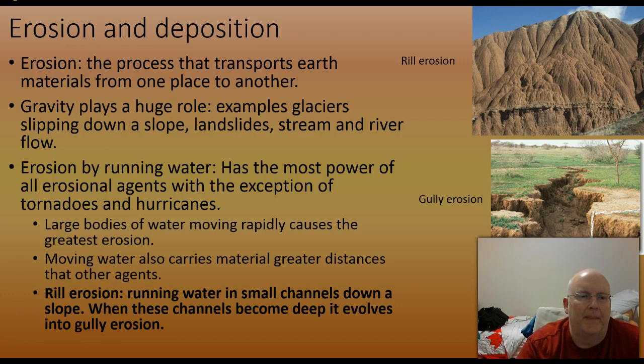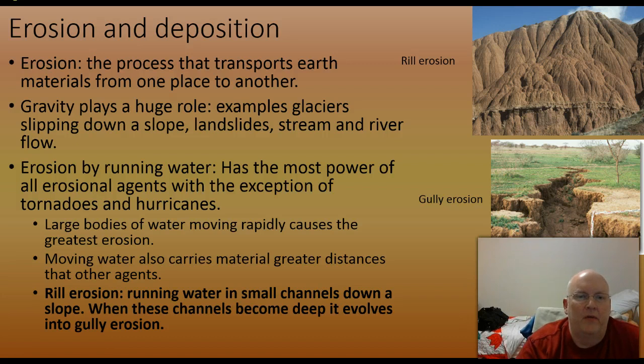Two things I want to point out. Two words: rill erosion, R-I-L-L, and gully erosion. We see a lot of rill erosion in eastern Kentucky, especially after hard rains. All the little small streams on the hillside start running down the hills and make these little temporary waterfalls.